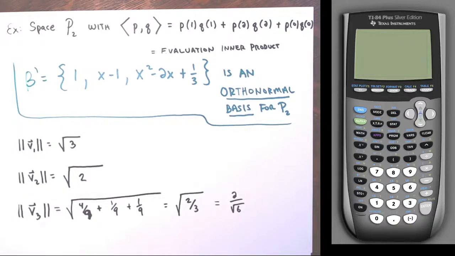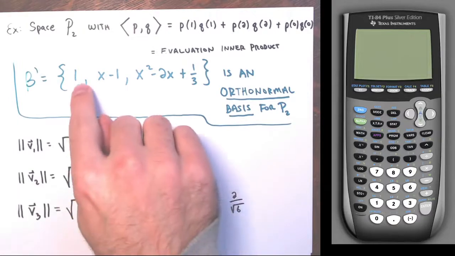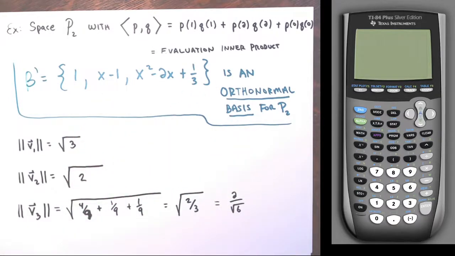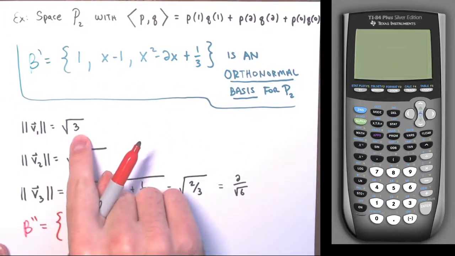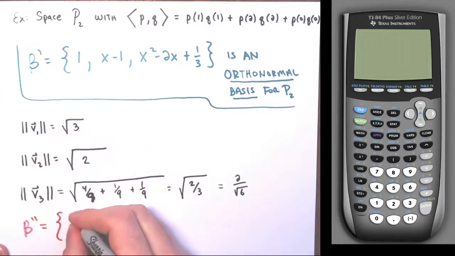All right, so now just dividing each of these by their norms, or multiplying each of these vectors in B prime by the reciprocals of their norms, we get an orthonormal basis for P2 under this inner product. So say this is B double prime. I multiply 1 by the reciprocal of the square root of 3, so that's just 1 over the square root of 3.